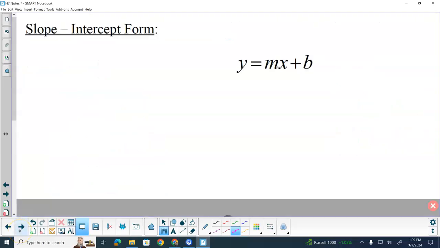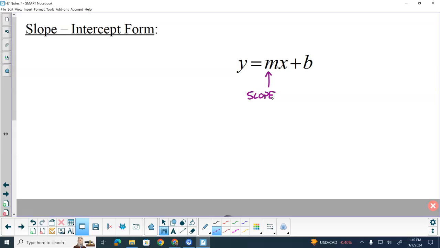So, let's talk yesterday. Polly, in y equals mx plus b, tell me something that we know. M is the slope. Nice. And on a graph, what do I do with slope?